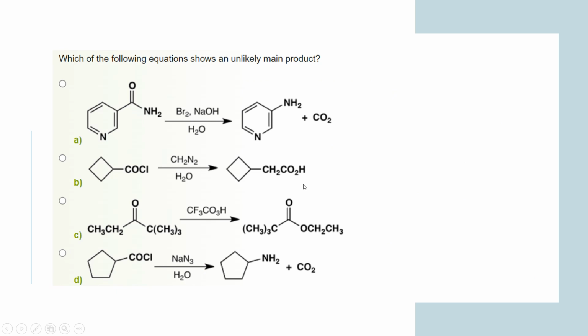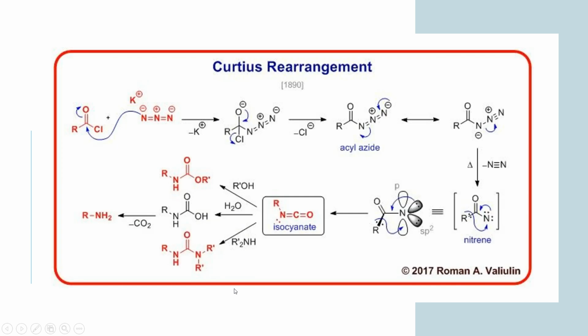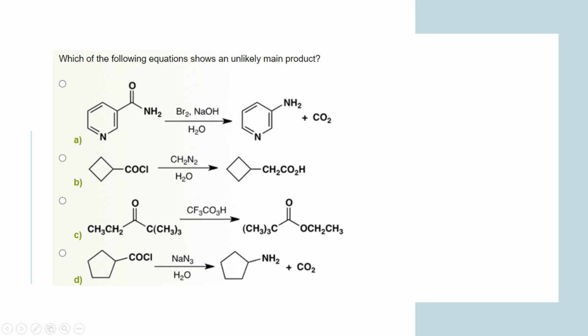Okay, but the product shown in this reaction is correctly shown, and you will get this acid as the major product for this reaction. And for option D as well, it is clearly following the straightforward Curtius reaction mechanism, and since it is involving decarboxylation, you can expect the formation of this amine as the major product. So it is directly following this particular pathway. So option D also is showing the correct product for the reaction.